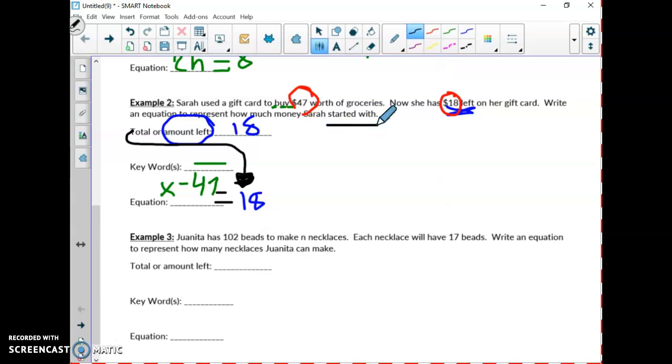How much money did we start with? What was the original amount on the gift card? Okay? So usually you can either find that that's kind of going to be either your question, or if it's stated as a sentence right here, it'll kind of be, write the equation to represent this. That's usually your missing information. That's usually going to be your x, your variable value, okay?